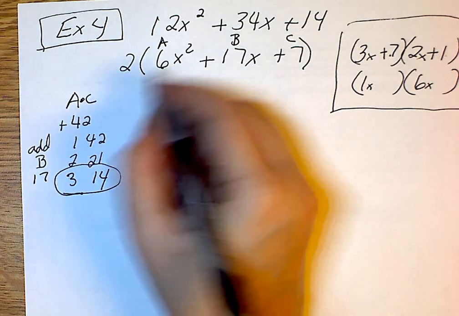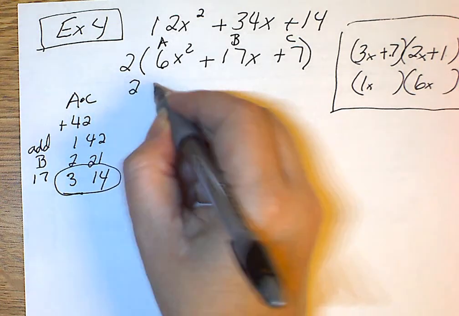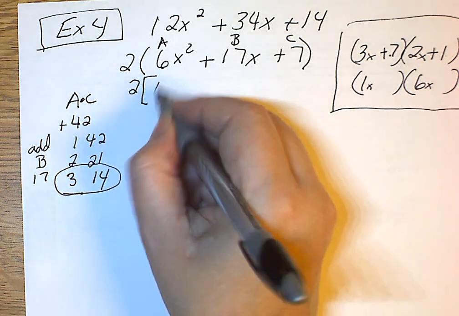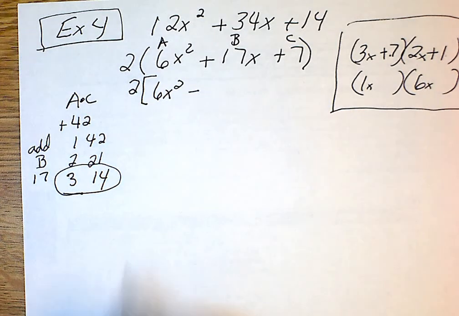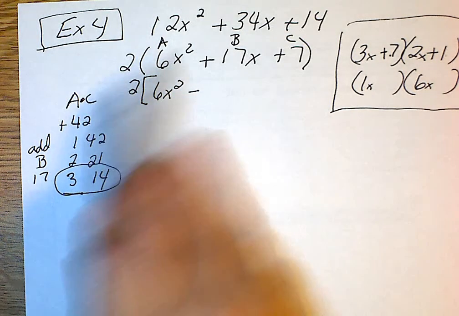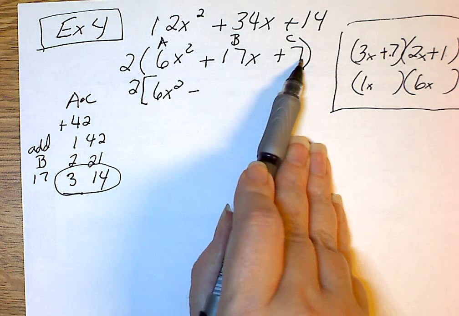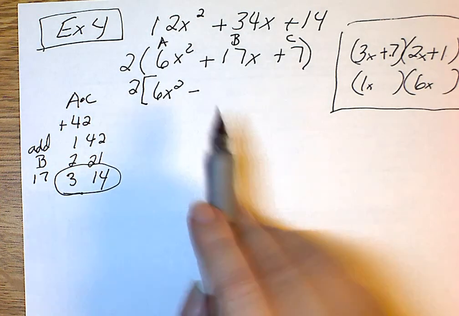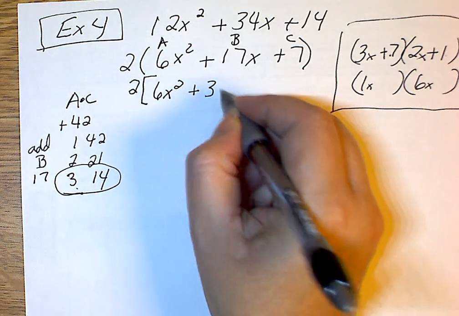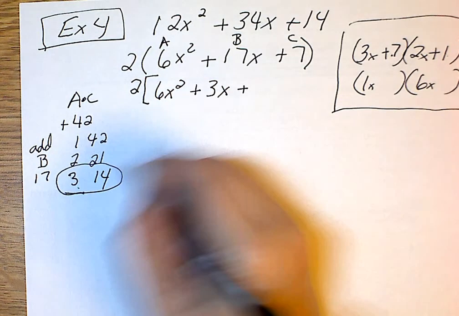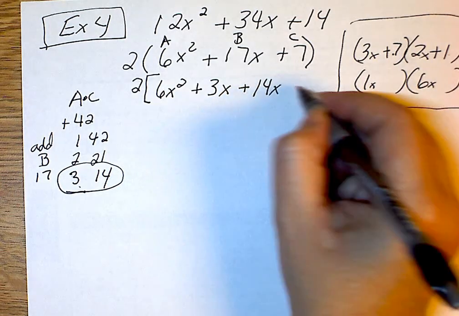So we're going to bring down our 2. So it has 6x squared. Wait, 42 is A times C. So you'll see if you don't get it yet. You have 3x plus 14x plus 7.